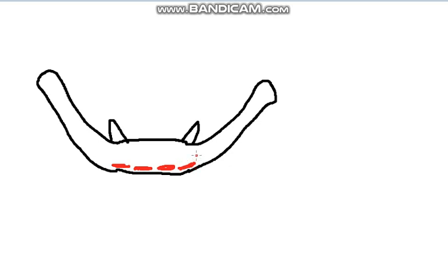slightly deep to this sternohyoid and omohyoid, we have thyrohyoid. So thyrohyoid will be somewhere here. Suppose this is the thyrohyoid at the junction of the body and the greater horn. So this would be the thyrohyoid muscles. So we have placed the infrahyoid muscles, the sternohyoid, the omohyoid and the thyrohyoid.